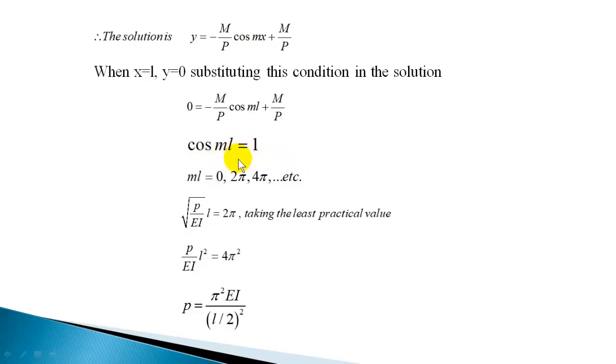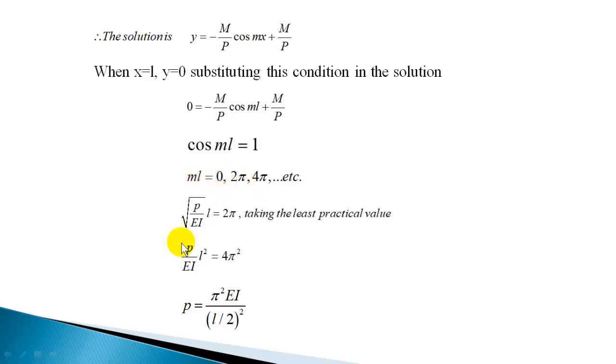Cos mL will be 1 when mL is equal to 0, 2 pi, 4 pi, etc. Cos 0 is 1, cos 2 pi is 1, cos 4 pi is 1, etc. But mL is 0 is not a solution, as I already mentioned, because then the load has to be 0. So the least practical value possible at which the column starts buckling is when mL is equal to 2 pi.